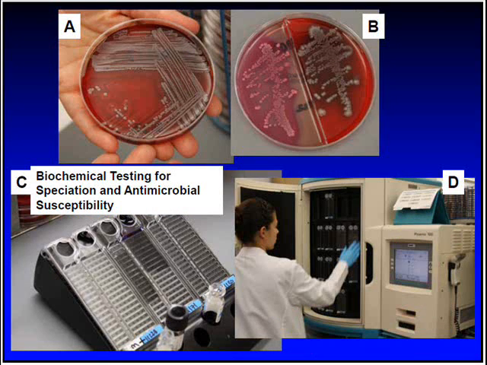Figure A and B shows microbial growth and colonies on subculture plates. Panel A shows sheep blood agar plate with Staphylococcus aureus growth. In panel B, we have a split plate agar.